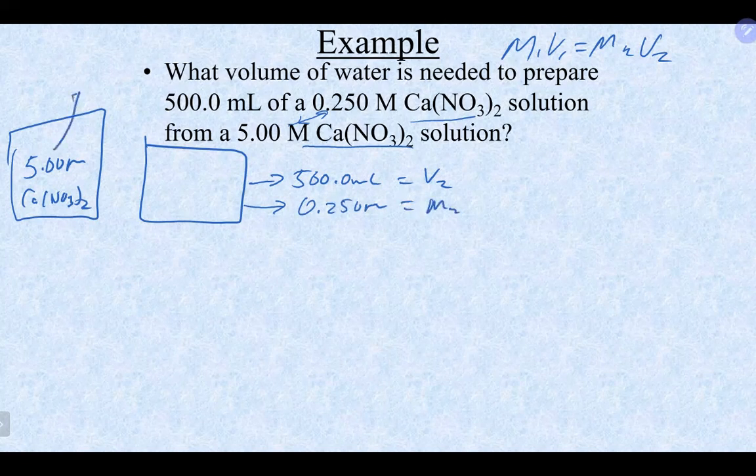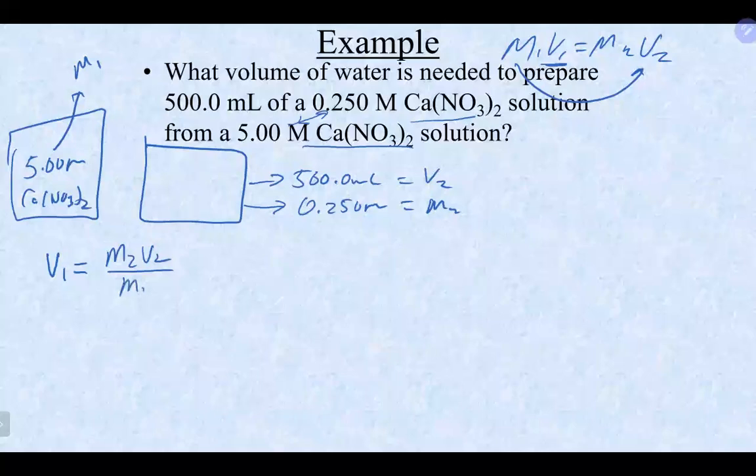And obviously, this would be our more concentrated solution, which would be M1. So we could use the dilution equation here once more to solve for V1. Once again, sending our M1 to the other side. So V1 would equal our M2V2 divided by M1.